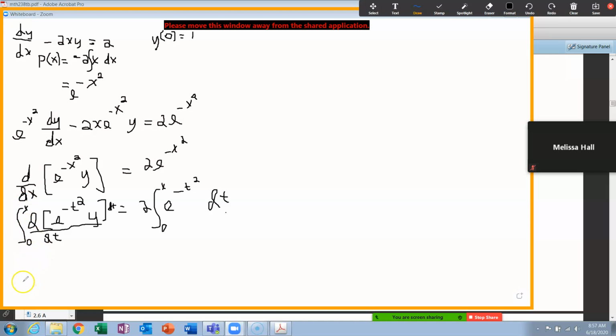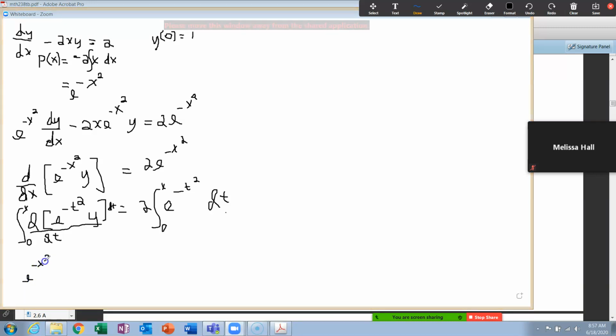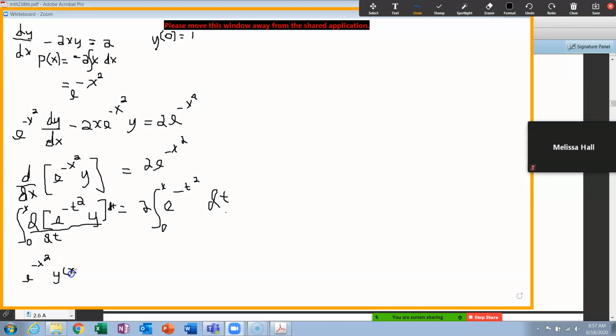So that's e to the minus x squared times y of x, which, by the way, is what we're looking for. What is y as a function of x? That's what we're doing in our differential equation up here.